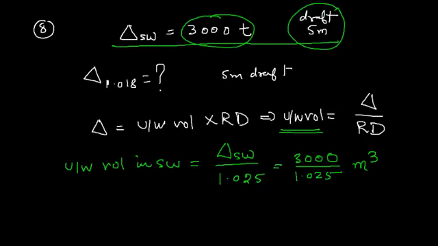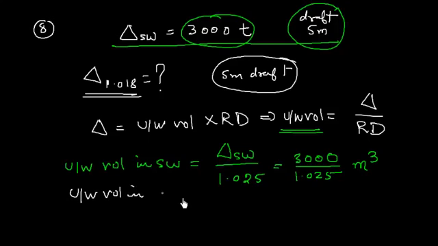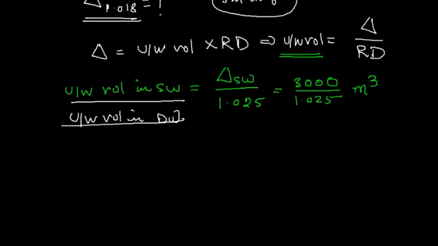Now I have the same draft of 5 meter in dock water. That means the underwater volume in dock water is also the same, because the draft is the same. If the draft is the same, underwater volume is the same.